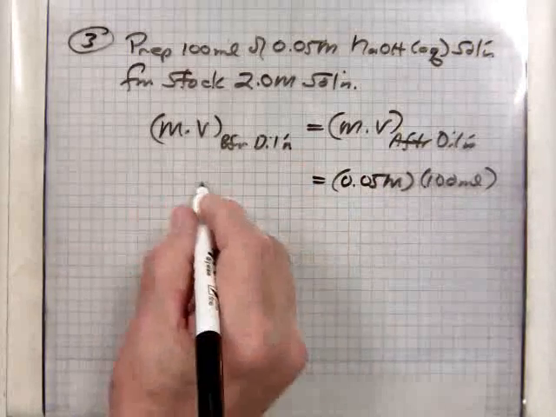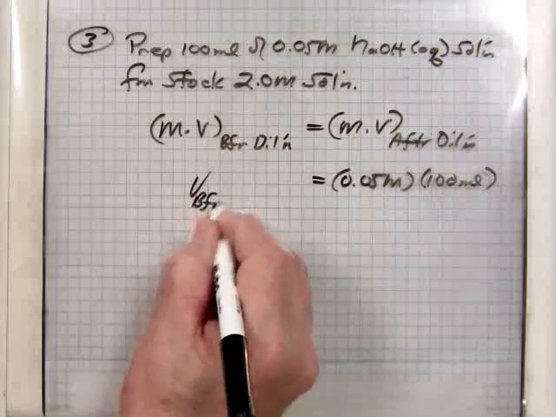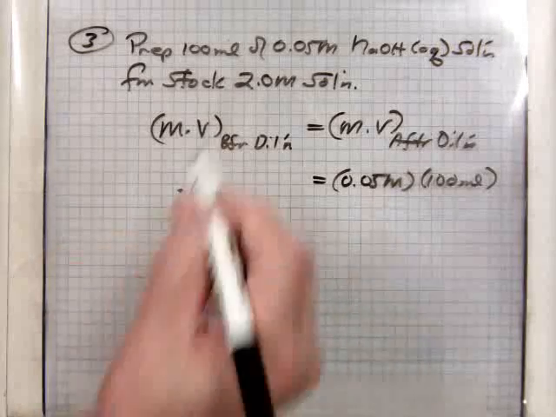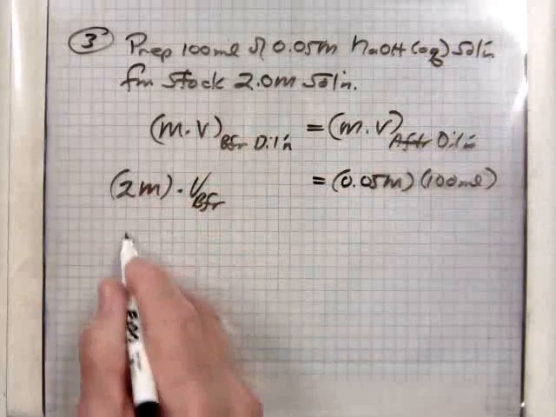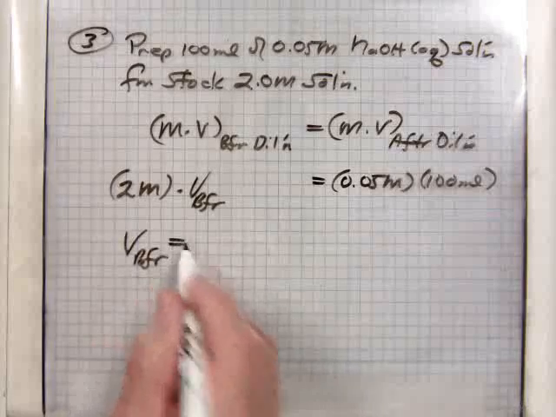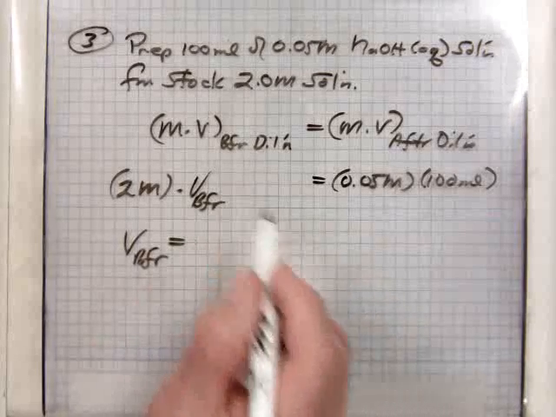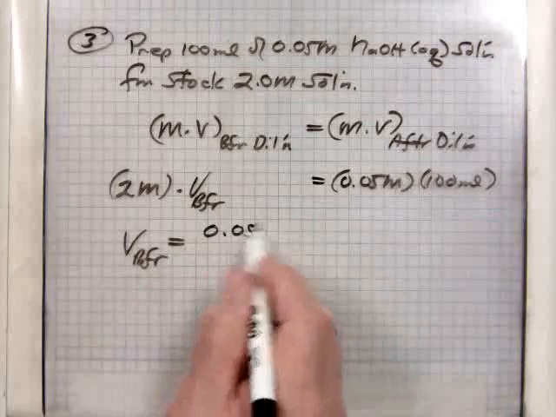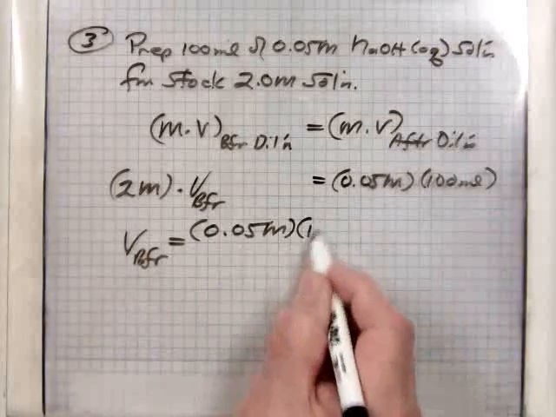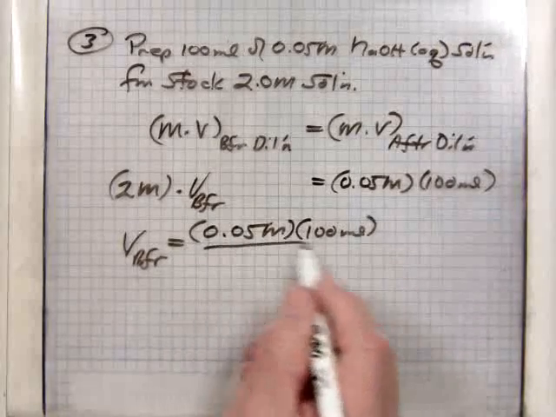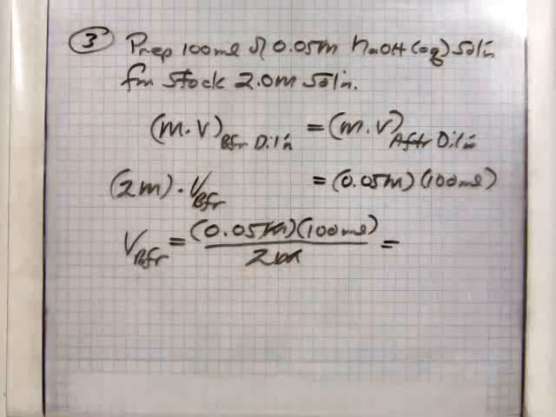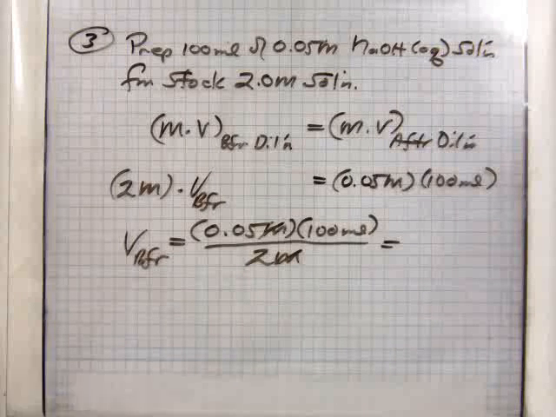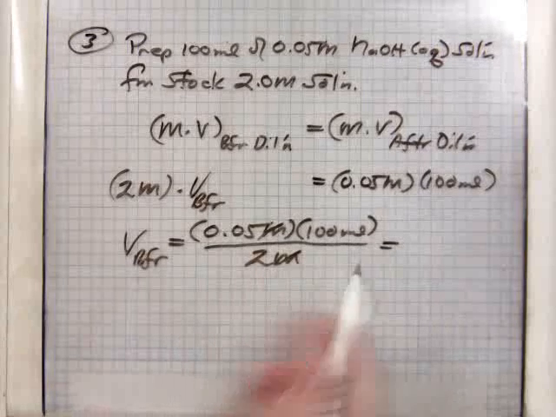And so this one's volume before, which means how much do you need to extract, and you have a 2 molar solution. Solving for volume before, that's the amount of concentrate needed, is 0.05 molar, 100 mils, divided by 2 molar. Molarities drop out, units come out in, well, that's 100, that's 2.5, I guess.